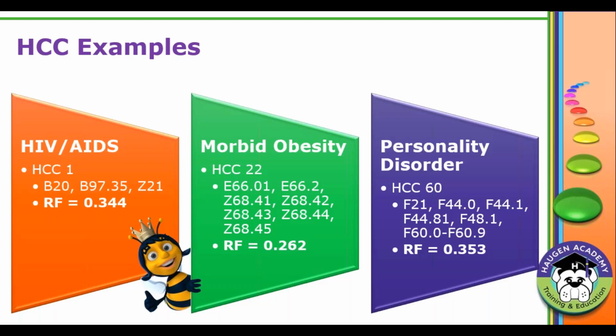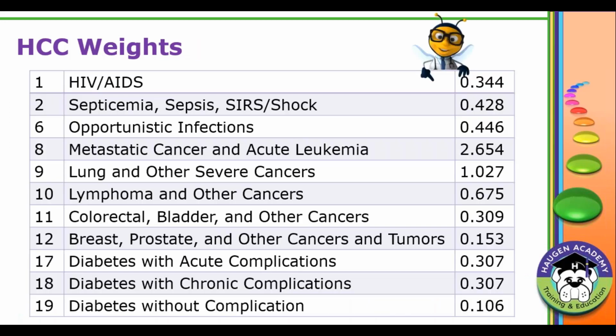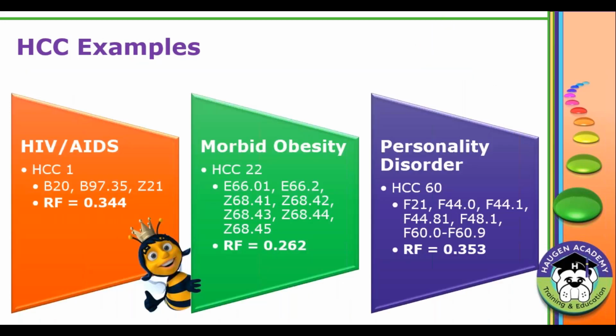The next example we have shown is morbid obesity. That's HCC 21. You can see there's a few more diagnoses that fall into that one, all of the obesity codes, and that relative factor is 0.262.